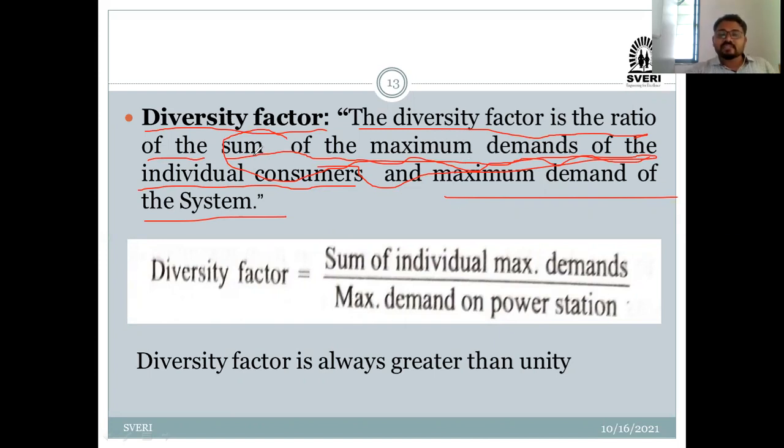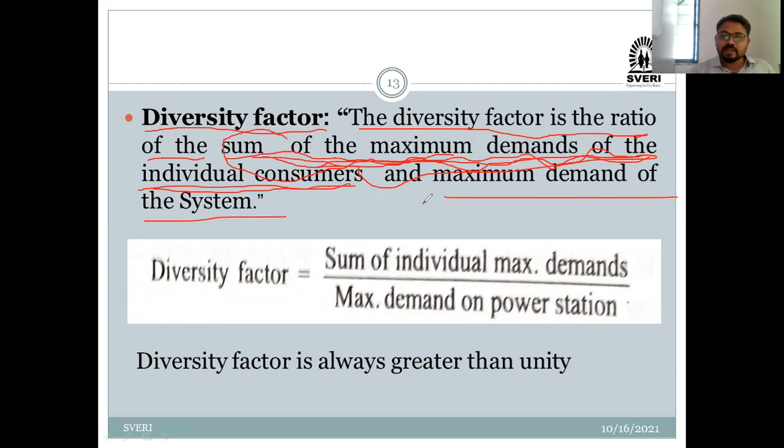Whenever I get the addition of all, that is nothing but the sum of maximum demand of individual consumers, to the maximum demand of the system, or you can say the maximum demand on that particular power station. Everybody got this one?